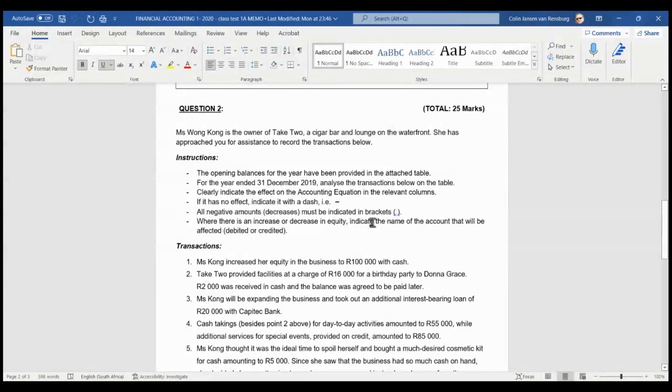So we've got to indicate the name of the account. So we'll have to come up with some account names during the course of this process. It's actually not rocket science. Don't worry. It's actually very logical. And then also, obviously, what effect it had. So we have to put the amount in as well. If it's positive, we indicate it as positive. If it's negative, we indicate it as negative.